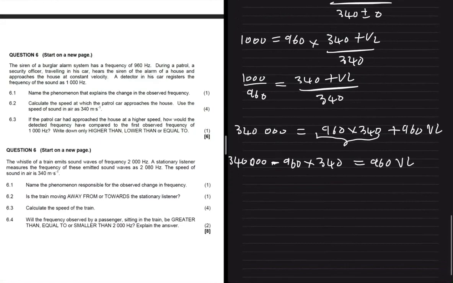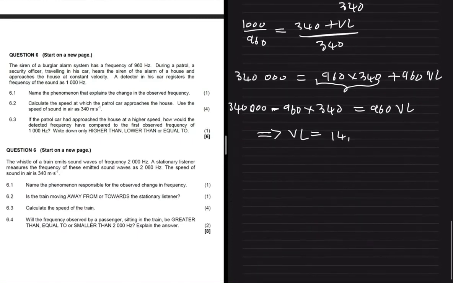I'll divide both sides by 960, so we're going to end up with VL equals, let me put that into my calculator, 340,000 minus 960 multiplied by 340, multiplied by 340 divided by 960. So that is 14.1667 meters per second.